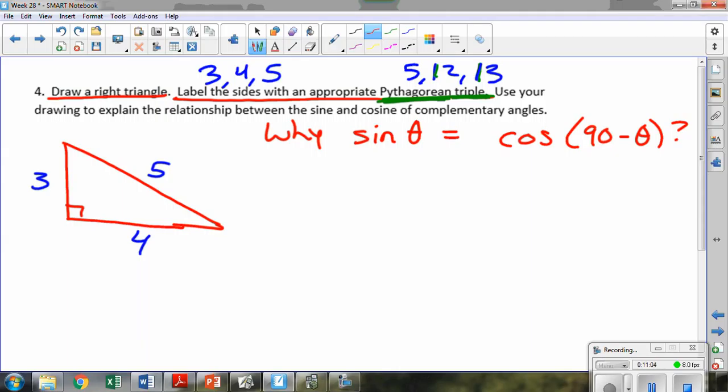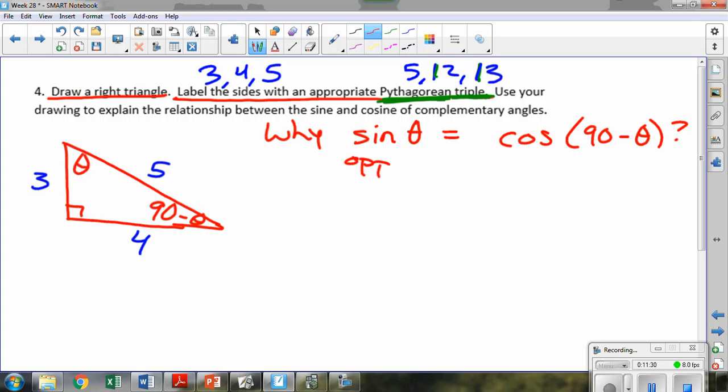What is the sine of theta? We don't have an angle theta, so pick one. Pick an angle and call it theta. Do you want the top angle or the bottom angle to be theta? Okay, you pick top, which would make the bottom angle the other one, the complement. So in this instance, what is the sine?